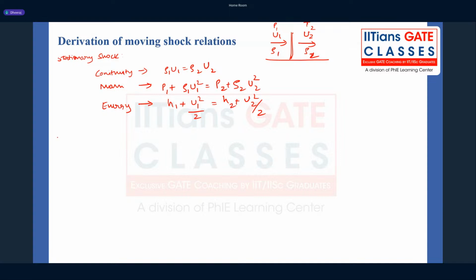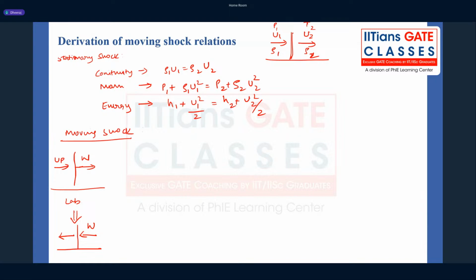Now for a moving shock, if the shock is moving with the velocity w, and the induced velocity is up in the laboratory frame, I convert this into an inertial frame.